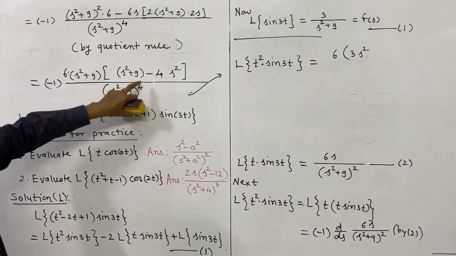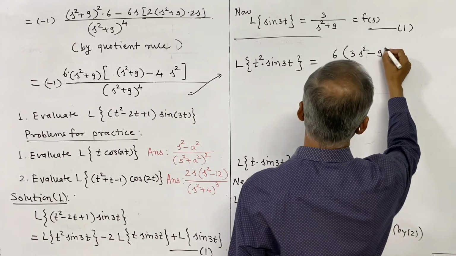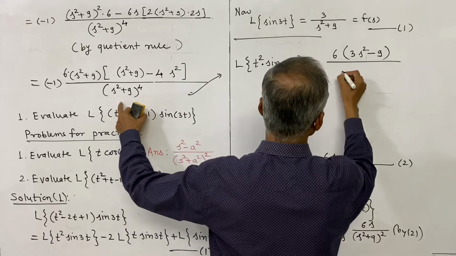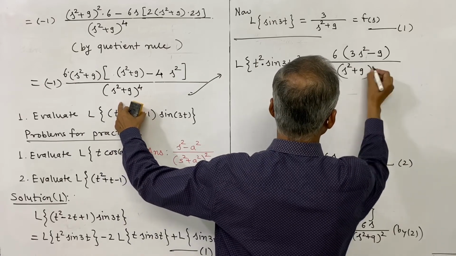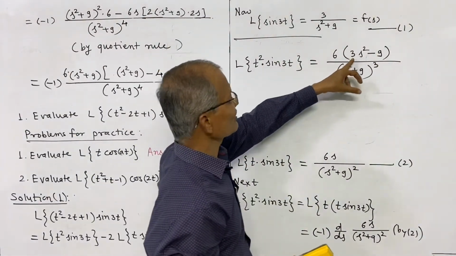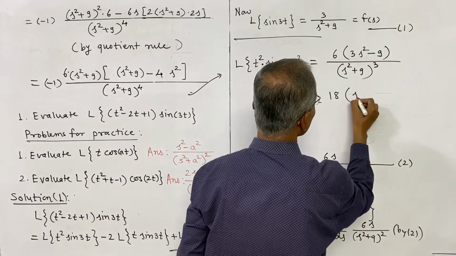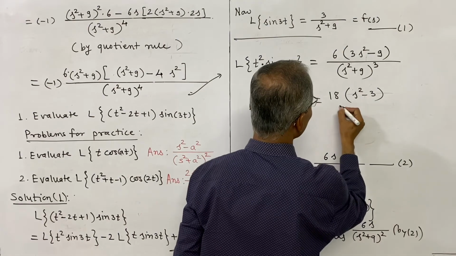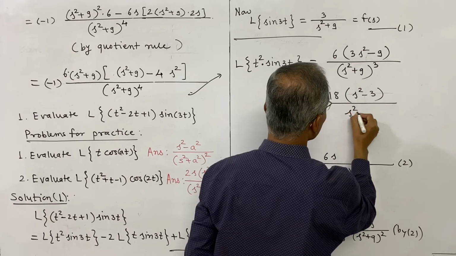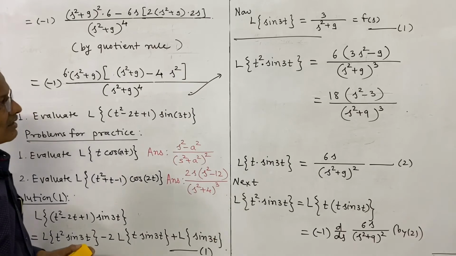So 9 becomes negative, minus 9, divided by the denominator s square plus 9 cube. One term cancels with numerator. Or finally this 3 can also be taken outside. It is 18. So it is 18 s square minus 3 divided by, so we are taking 3 common, so divided by s square plus 9 cube. So this much is L of t square into sine 3t.